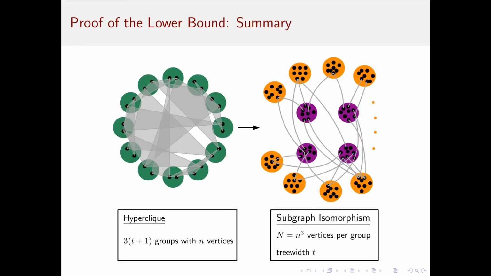Okay, so let's summarize. We've gone from a 3 times t plus 1 hyperclique problem with n vertices per group to a subgraph isomorphism problem with n cubed vertices per group, and the Treewidth of the pattern graph for this new subgraph isomorphism instance is t.